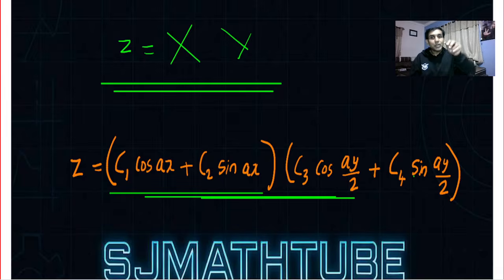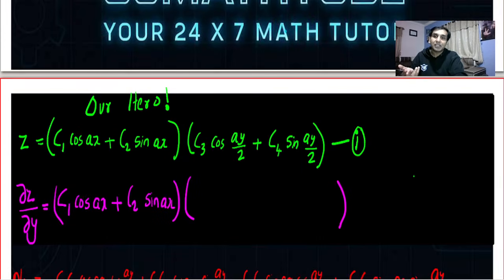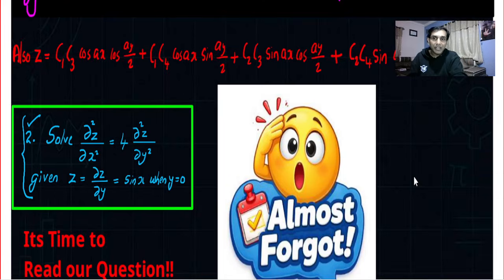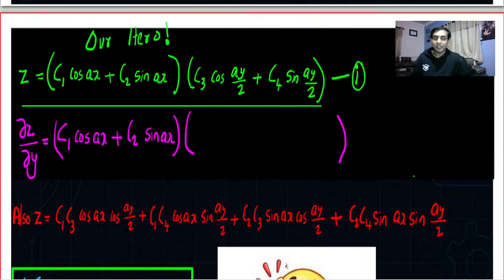Now look at this. You cannot stop here because in this problem, you can stop only when you get C1, C2, C3, C4. Why? Because in the question they gave the boundary condition. So look at this. We already got the answer, but we cannot leave it here. Anyway, I want you to read the question once more. I'll keep the question here so that you can read very easily. This is the question. But can you see they have given boundary condition, and to apply boundary condition, I'm going to differentiate.